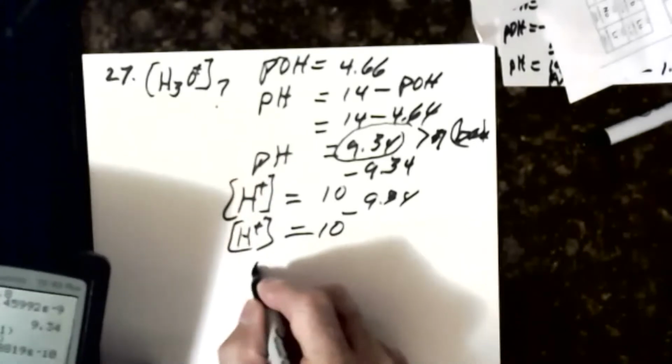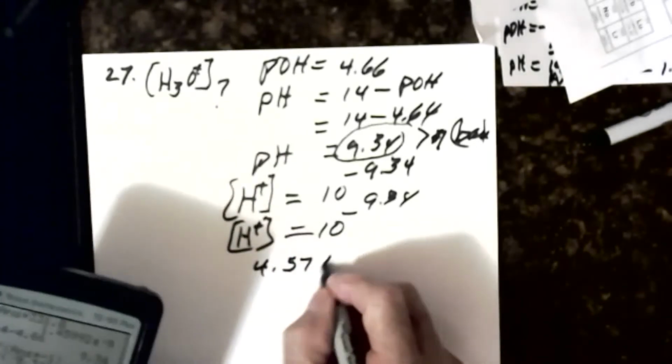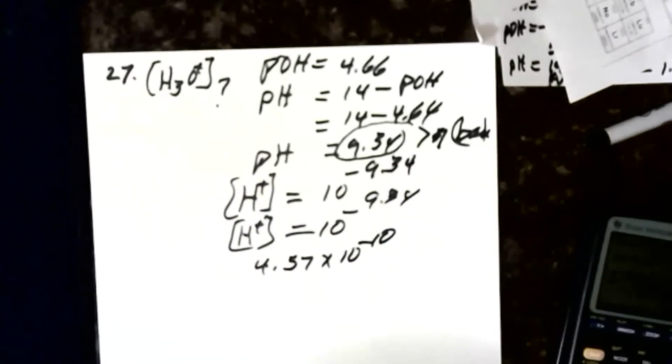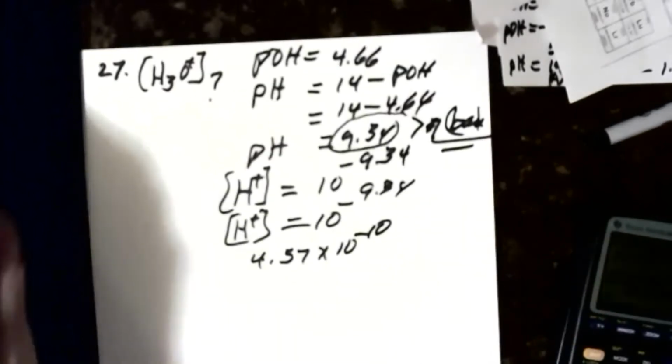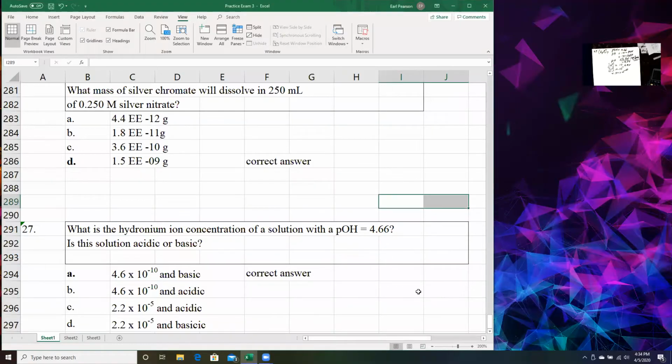And that is 4.57 times 10 negative 10. So it is basic. And so let's get the answers. So I need to go back so you can see the exam again. And there we are.